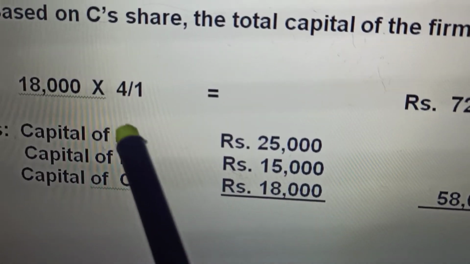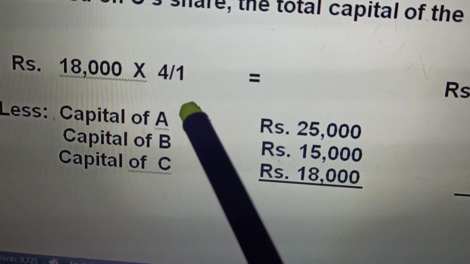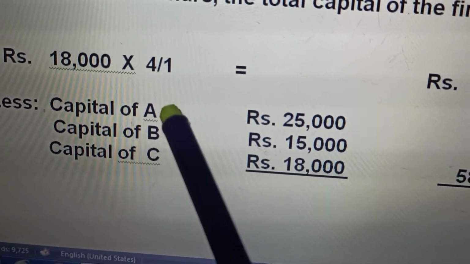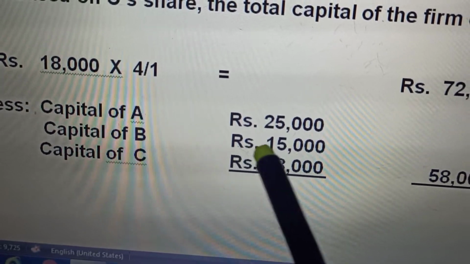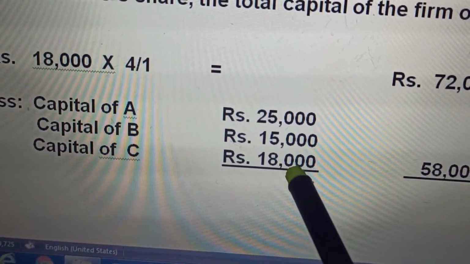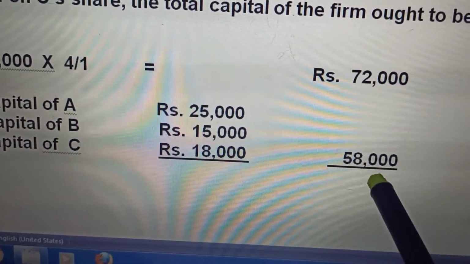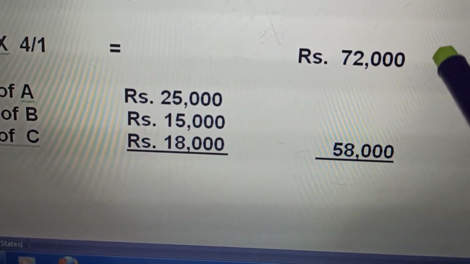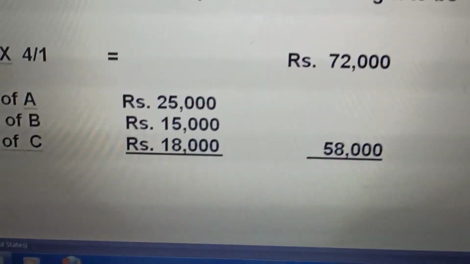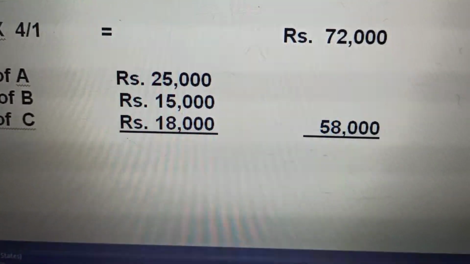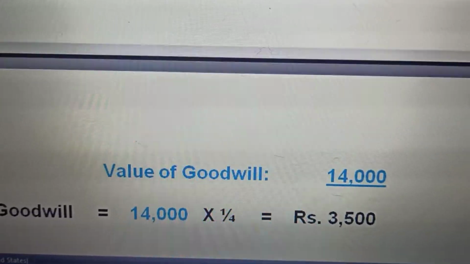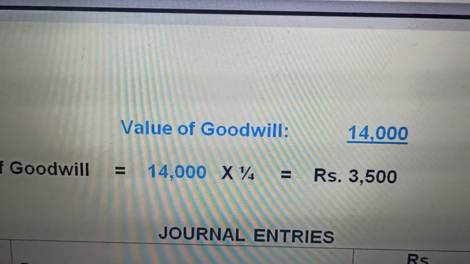But now, if we add the capitals of all three partners, A's capital given in the question is 25,000, B's capital 15,000, C's capital 18,000, it only sums up to 58,000, and it should be 72,000. So 72,000 minus 58,000, that 14,000, is the value of goodwill. This is hidden goodwill.